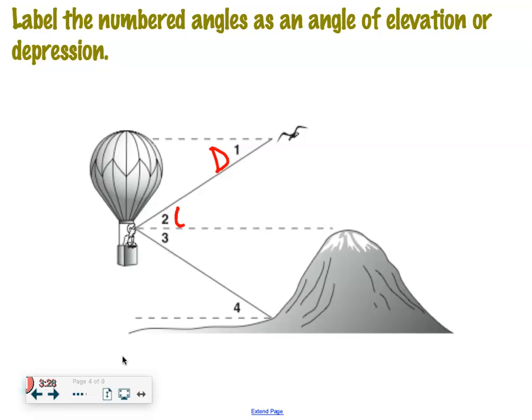Elevation. And then 3 is depression. How did we do? Anyone get 1 for 4? Woo! Anyone go 4 for 4? Woo! Okay, good. Are we ready to try to draw one of these pictures?